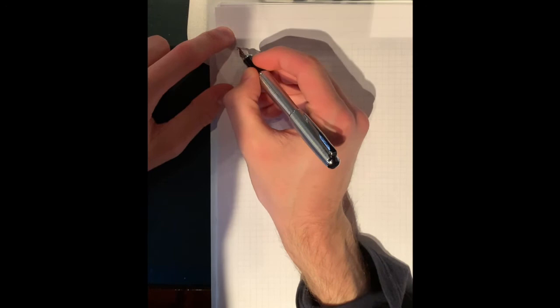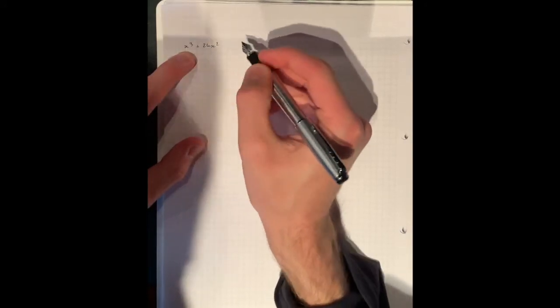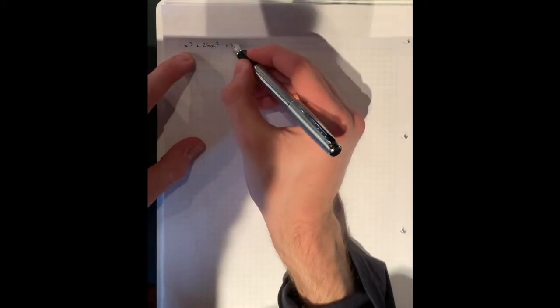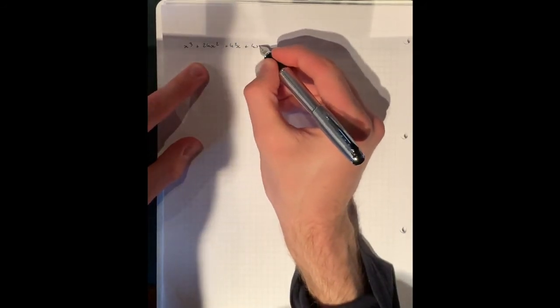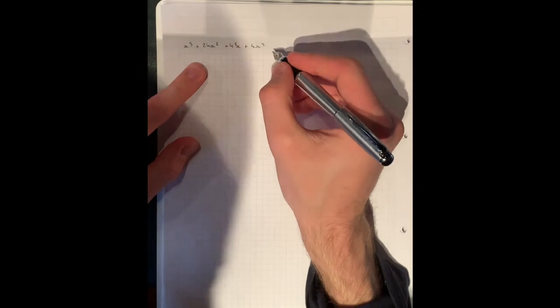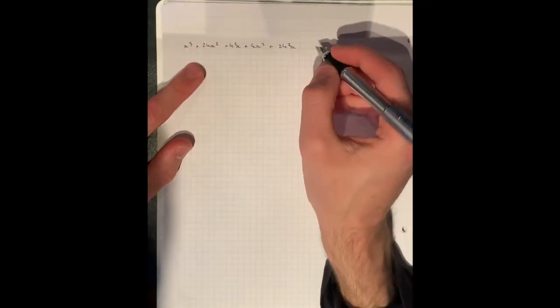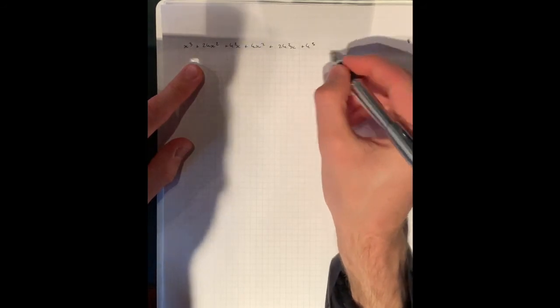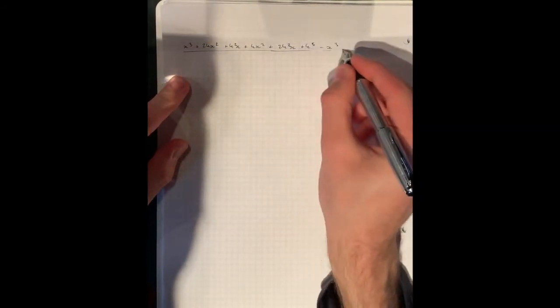So this is going to simplify out to be x cubed plus 2hx squared plus h squared x plus hx squared plus 2h squared x plus h cubed minus x cubed, and then all that divided by h.